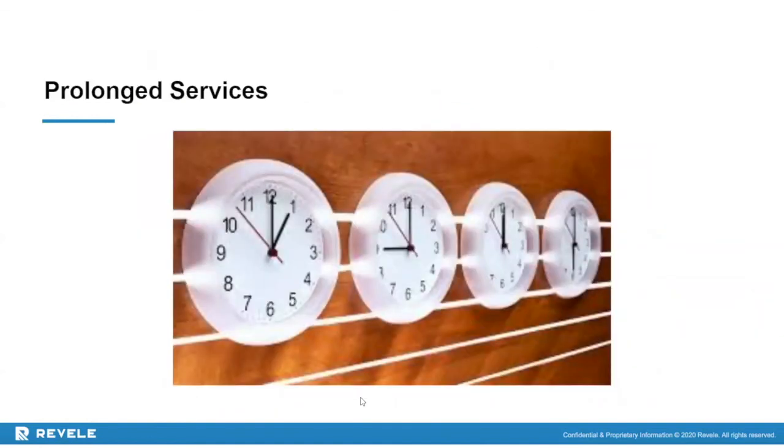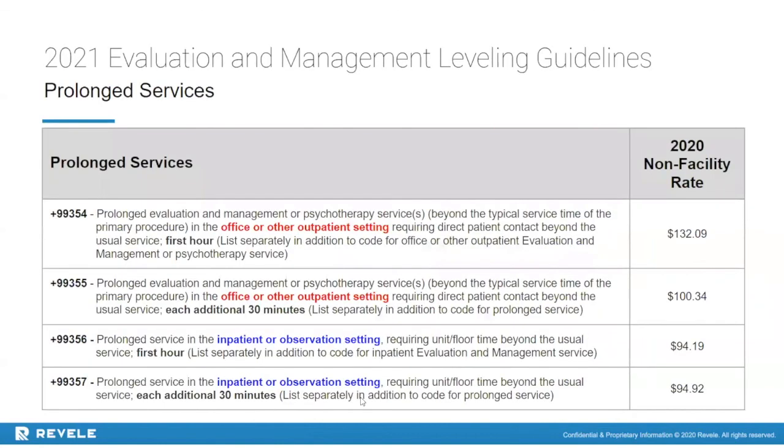So with that, they have come up with prolonged services just for these codes for the office visit and outpatient services. We're still going to be able to use the old prolonged services, but there's going to be a new one now to help out with the new 2021 code changes. So here we have 99354 and 99355.